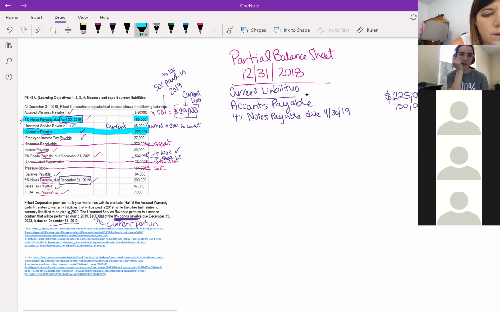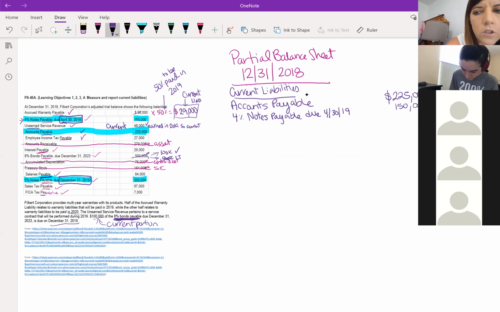And then the second note is 5% notes payable due December 31st, 2019. 200,000 is the value. So 5% notes payable due 12/31/19.